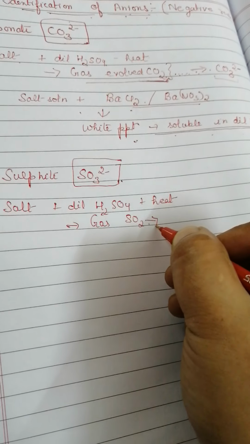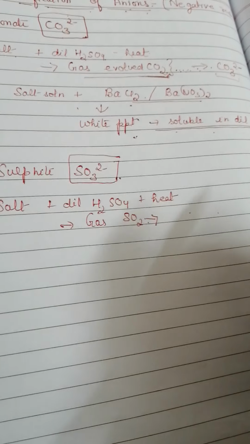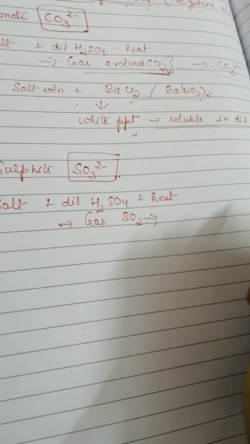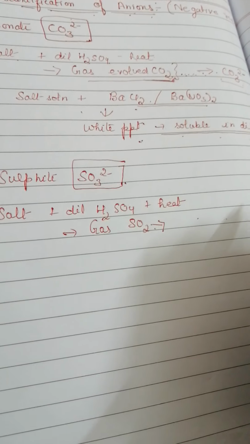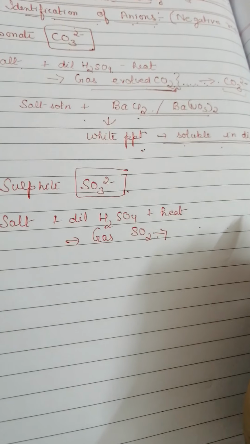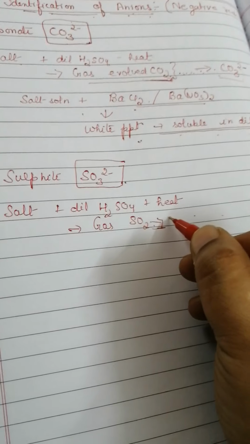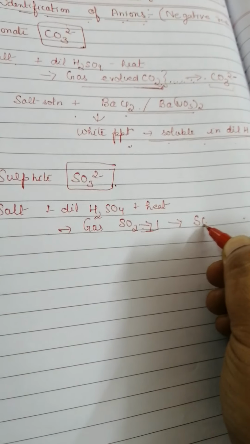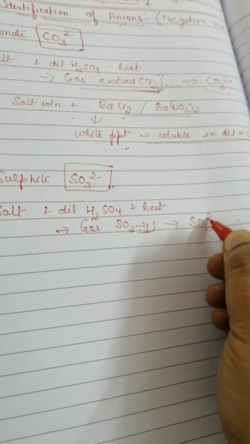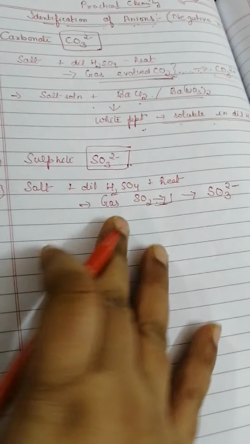What is the observation for sulfur dioxide? A colorless gas with suffocating odor is evolved which turns lime water milky and turns K2Cr2O7 from orange to clear green and KMnO4 from pink to clear colorless. So if the gas evolved is sulfur dioxide, the anion is the sulfite ion, SO3 2 negative. It is very important to write the correct formulas of these radicals.